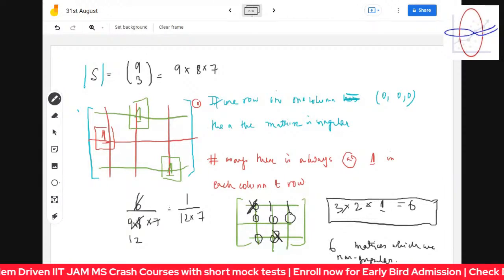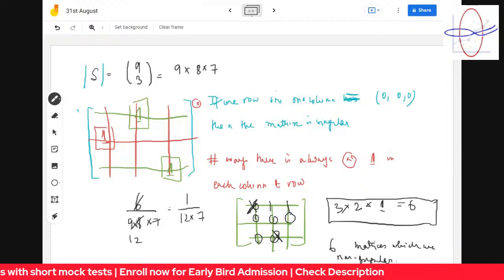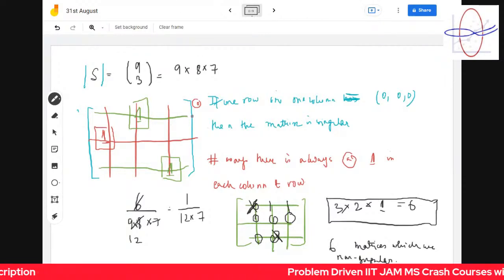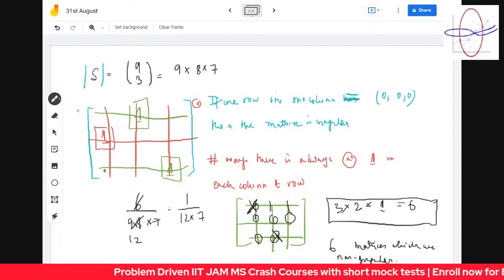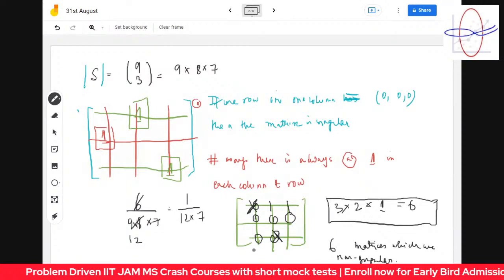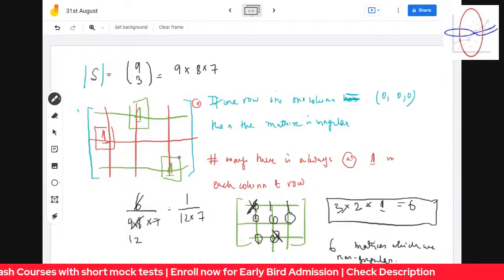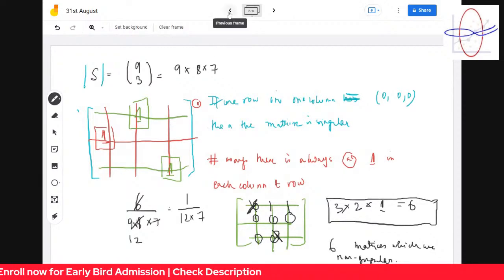If that is not the case, I don't know why my answers are not matching. 1 1 1, 3 cases for this. So the rest of the 2 places, 2, and it automatically gets fixed. I don't think there are other non-singular matrices over here.